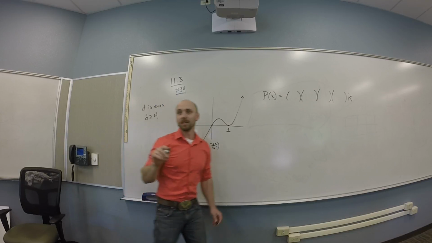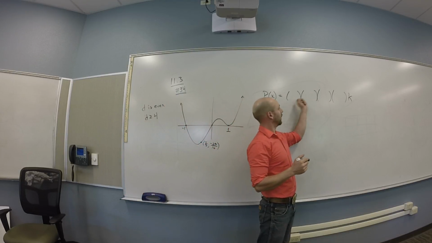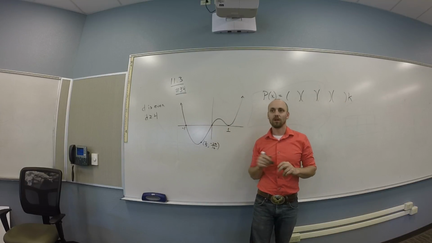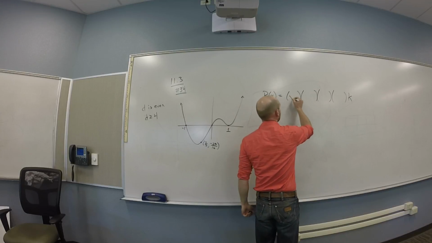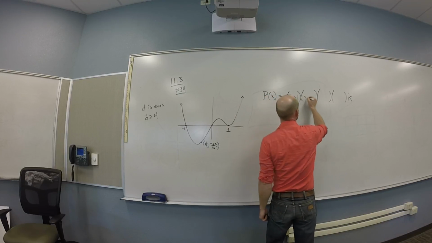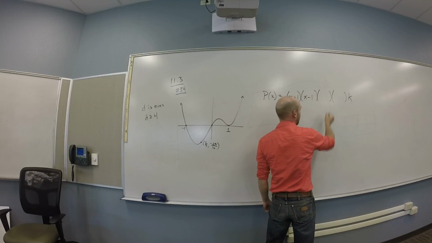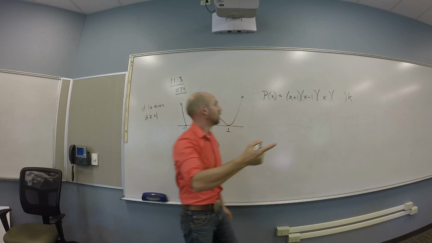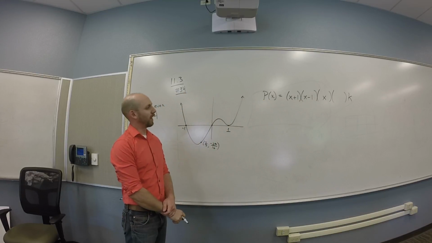These are going to be the x-intercepts. So what x-intercepts do I know? -1, 0, 1. So x plus 1 is one of those things. X minus 1 is one of those things. And x minus 0 is one of those things. Wait, there's supposed to be 4.